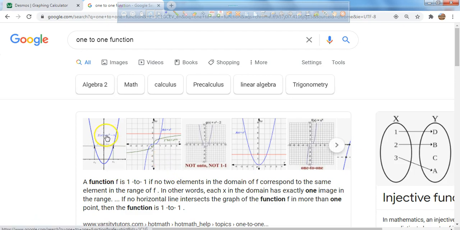So this is not a one-to-one function. That's a parabola. This is cubic. That's a one-to-one function. Parabolas aren't. Cubic is. So a one-to-one function is where no x values repeat and no y values repeat.